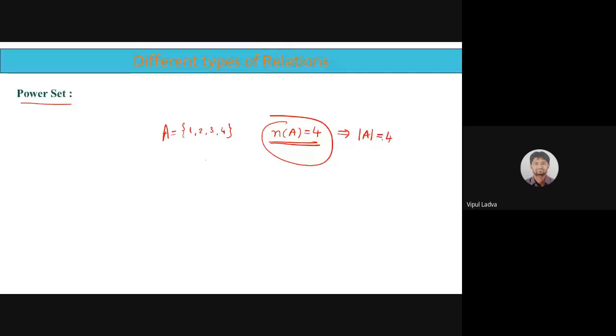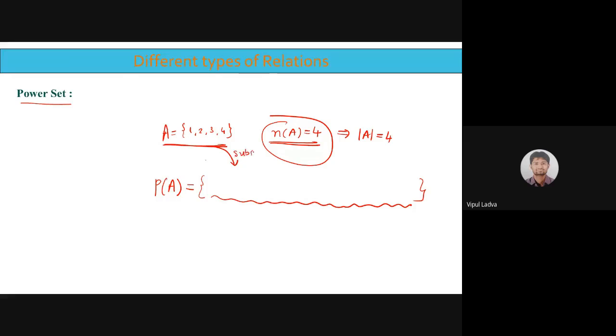Now, what we mean by the power set of this set? The power set of set A will be denoted as this, P of A. This is the notation for the power set of set A. Power set is once again a set where I'm going to include each and every subset of this set.